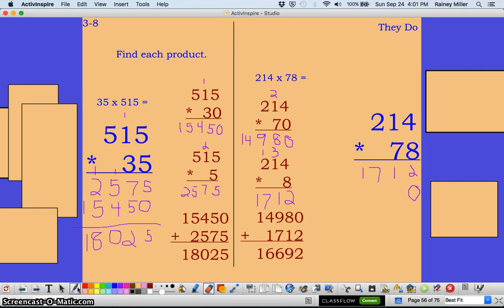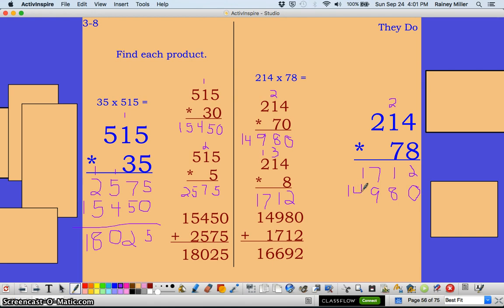Okay, so 7 times 4 is going to be 28. So my 2 goes here, my 8 goes down here. My 7 times 1 is 7 plus 2, so that's going to be 9. 7 times 2 then is 14.